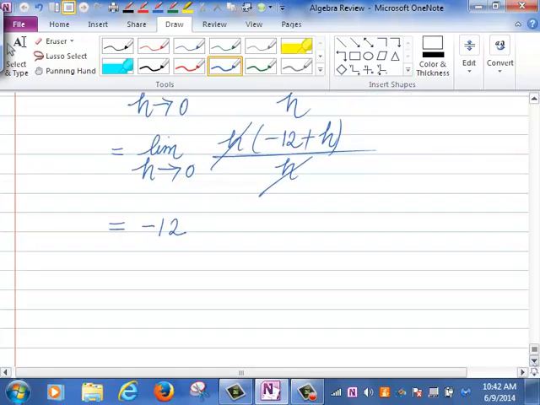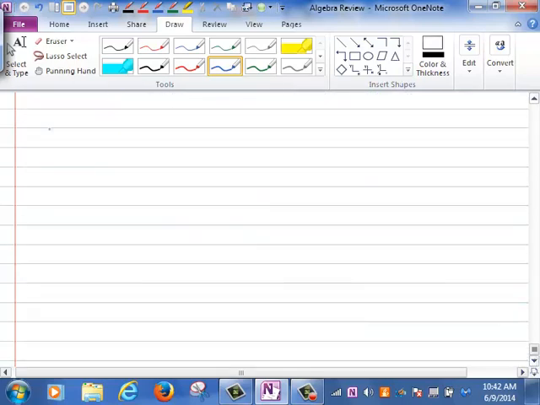And I will do one more like this, and hopefully that will be enough for you to go over the homework problems. So let's say I have the function h of x given by root x minus 2.